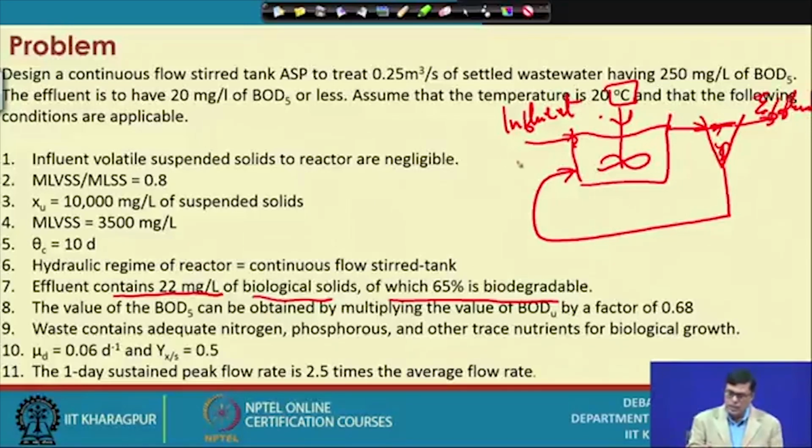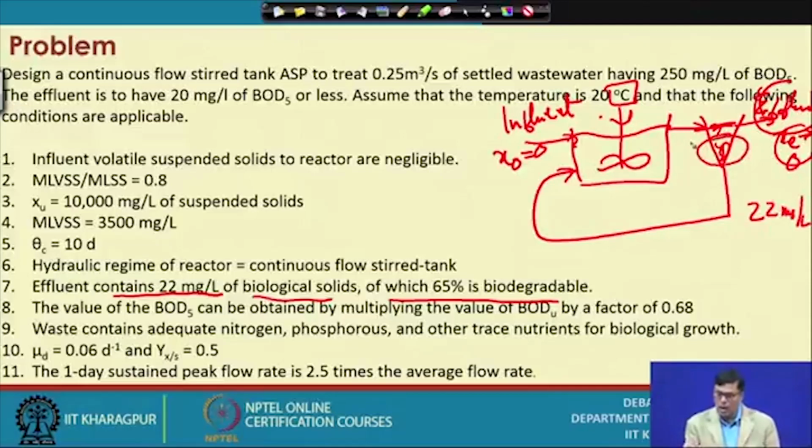Here X0 equals 0, and here Xe also tends to 0, because we usually assume that a very small amount of cell mass is present. But here the problem says the effluent contains 22 milligram per liter of suspended biological solid. That means, due to the inefficiency of the separator, some solid material, cell mass, may overflow and come in the effluent. Of this, 65% is biodegradable, and the value of BOD5 can be obtained by multiplying BODU by 0.68.